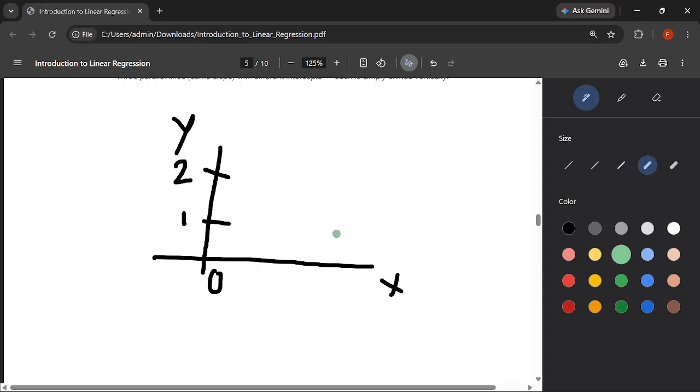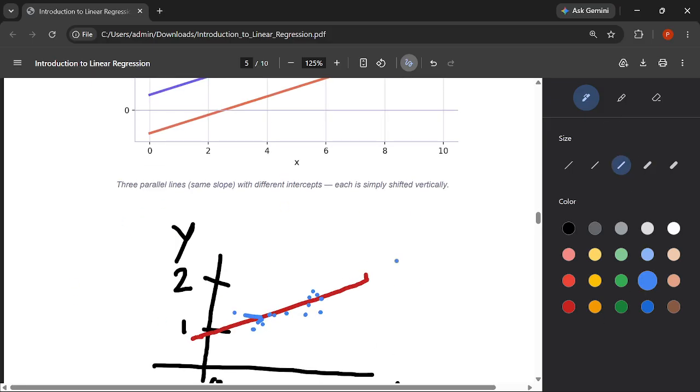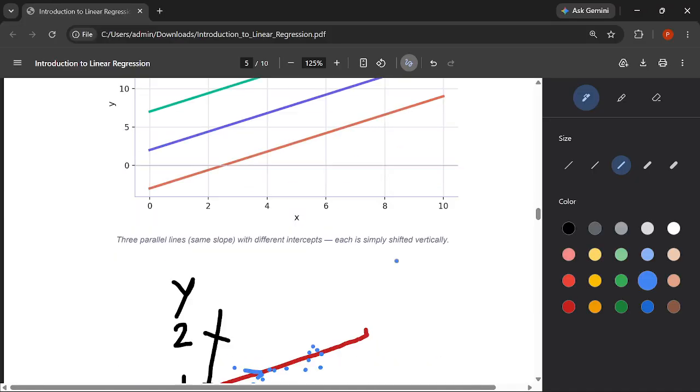What is the intercept here? Focus here: if our line goes from the 1, suppose this is our best fit line, and this is some point. So what is the intercept here?